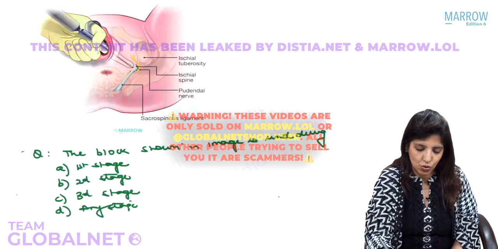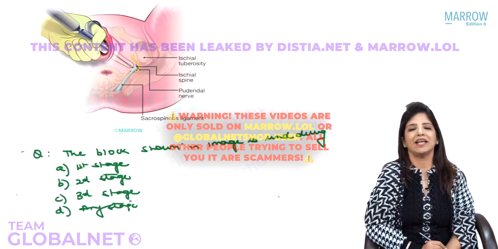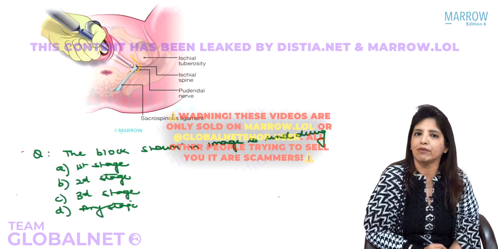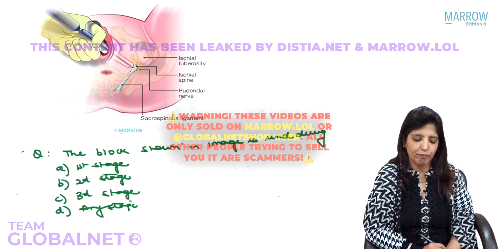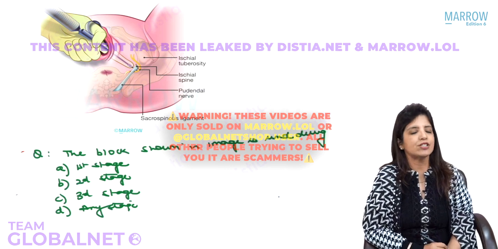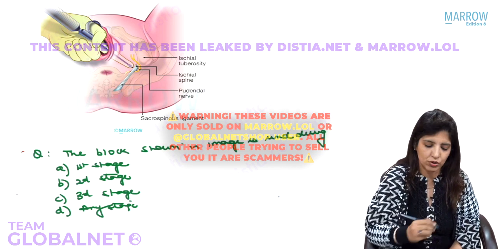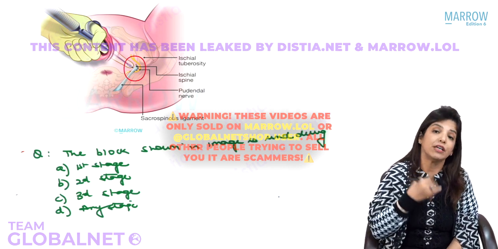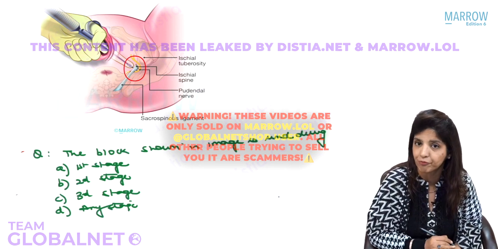So, let's see this question over here. In this question, suppose you are given this image and they ask you the block shown in the image is used during. So first identify which block is being shown. That's very easy. Ischial spine is shown, so it has to be pudendal nerve, even if they don't write it as pudendal nerve. Right?